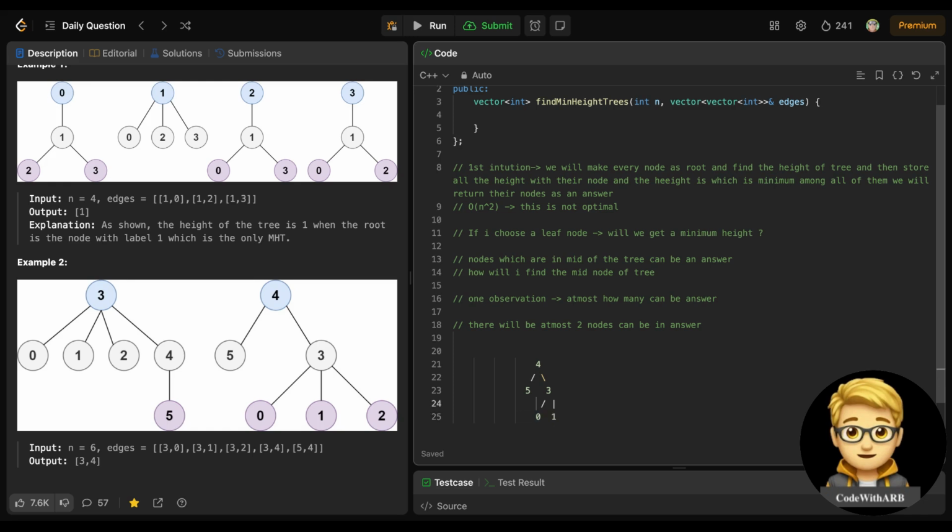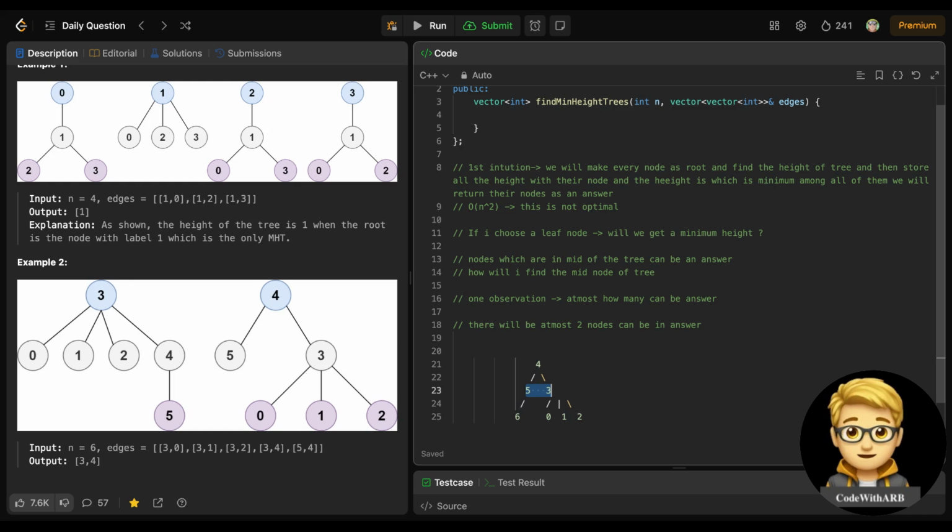Suppose there are other nodes as well. Suppose here is another node 5, and suppose this is a 6 given. In this case, suppose the leaf nodes are 6 0 1 2, that cannot be an answer, so we'll remove them. 5 3 also cannot be an answer.